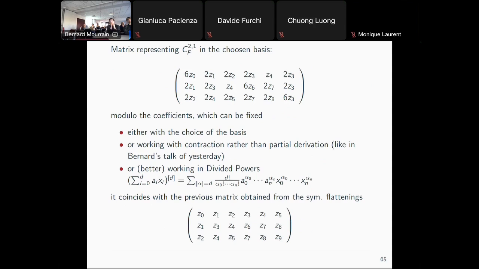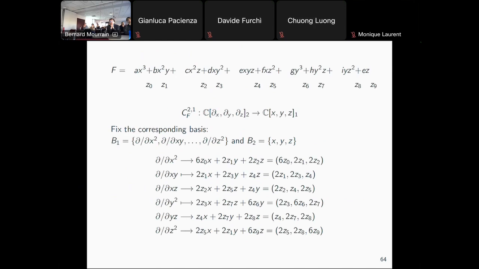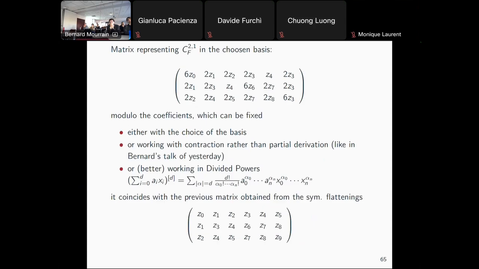Or maybe, instead of working exactly with partial derivation, instead of really doing the partial, you may do contraction. If you do contraction instead of partials, then you don't have to deal with these coefficients. I think this is more or less what Bernard did yesterday, because he had to divide by all these coefficients when he made the polar plot.